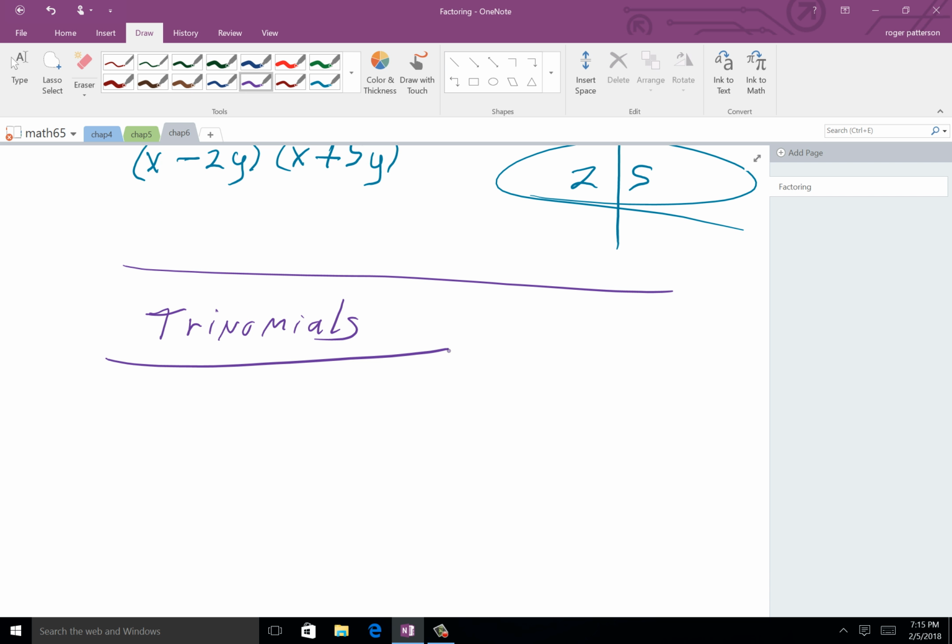Even though the first section was all on taking something out, they also have some trinomial stuff in there. They also have some grouping stuff in there. So when you approach these, don't just think, well, this one's all taking something out and this one's all trinomials, because they're going to mix it up a little bit. So be aware of that when you're doing this.